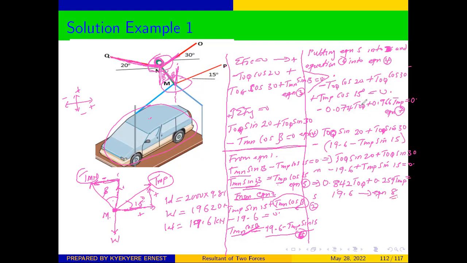Now, to get TOQ and TMP, we solve 7 and 8 simultaneously. Therefore, solving equation 7 and 8 simultaneously, we are going to get TOQ as equal to 22.74 kilonewtons, and then we are also going to get TMP to be equal to 1.74 kilonewtons.